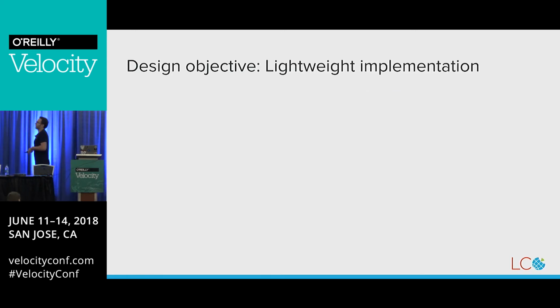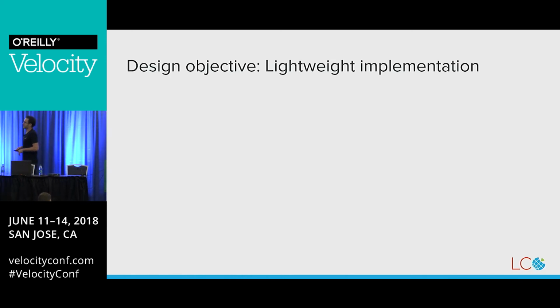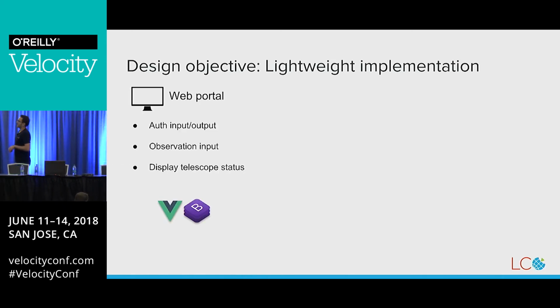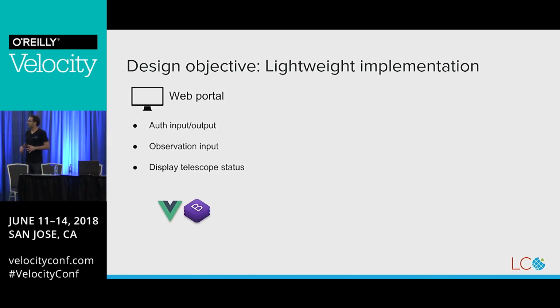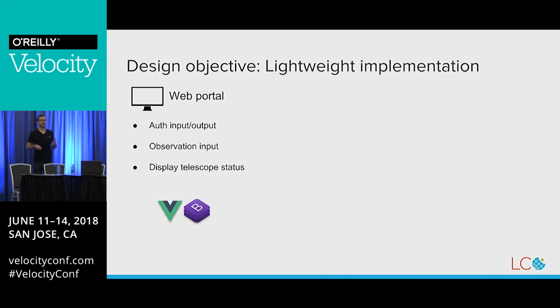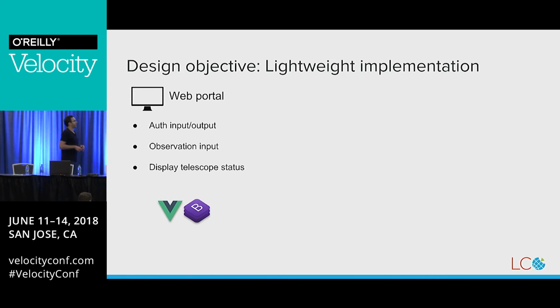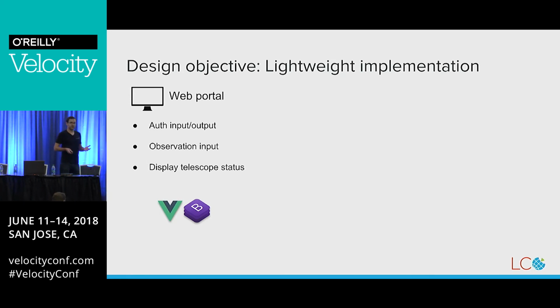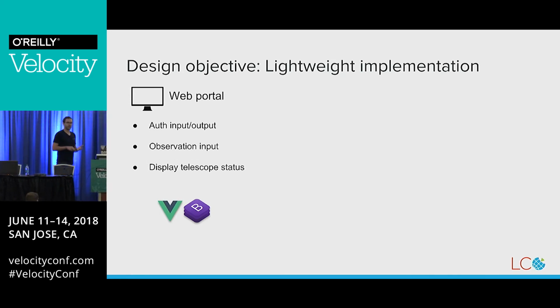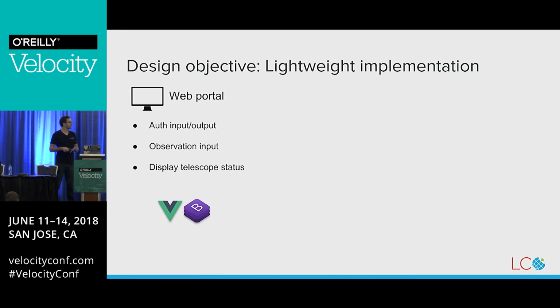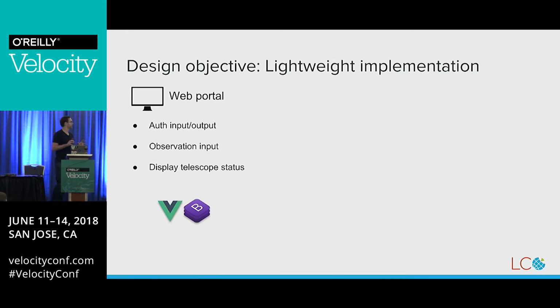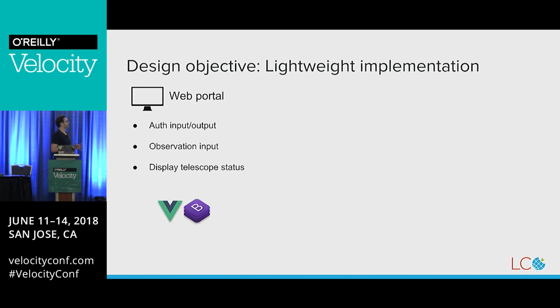So the first design objective, lightweight implementation. We went through this by creating a web portal that is responsible for handling authentication input and output from the internet. It is also responsible for observation input. So what targets are you going to look at? What kind of exposures do you want it to take, in a very simplified fashion? And then you also want to display the telescope status.